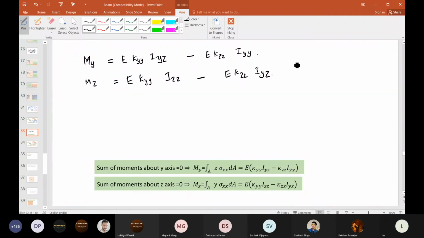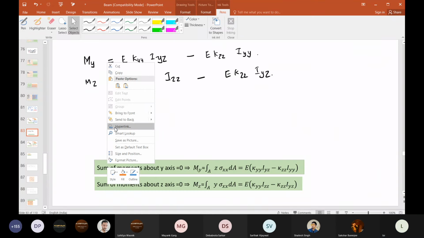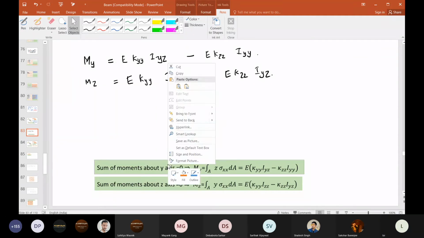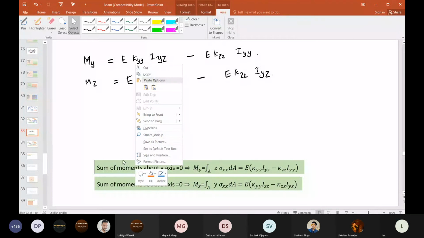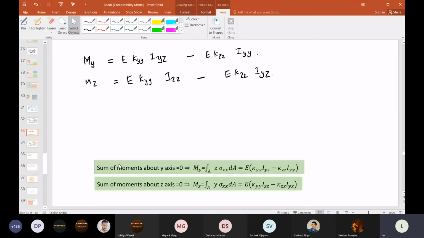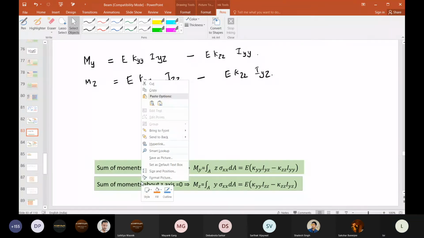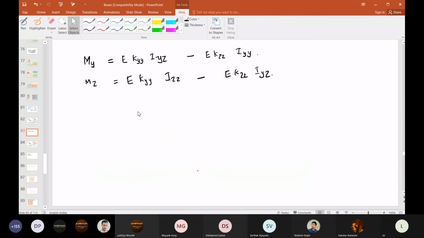Okay? I think these two things are not required. Cut it there. So we have got our equations.